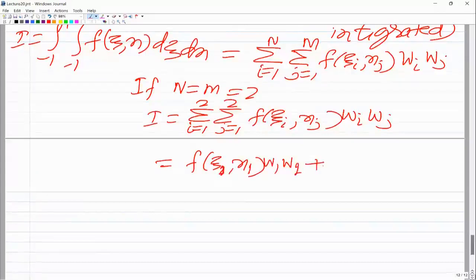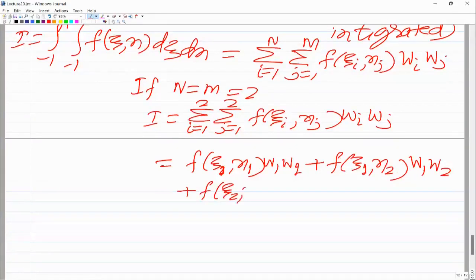Then for i equal to 1, j equal to 2, we'll have f(xi_1, eta_2) w1 w2. Then i equal to 2, and again j varies from 1 to 2, so it would be f(xi_2, eta_1) w2 w1, and finally plus f(xi_2, eta_2) into w2 into w2.